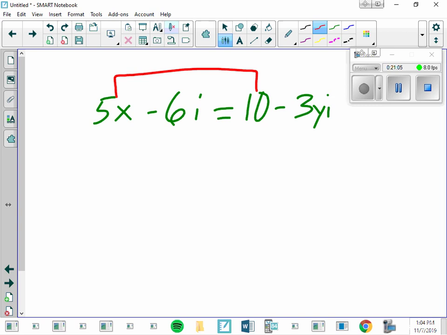They have no i's in them. And here are my i numbers. What number does x have to be in order for this equation to be true? So 5 times what is 10? x equals 2. And then -3 times what is -6? It's also 2.